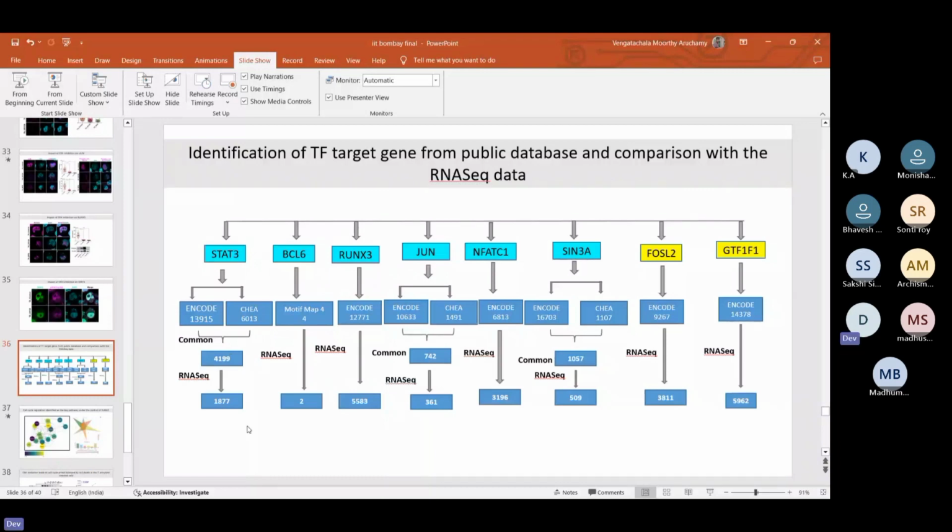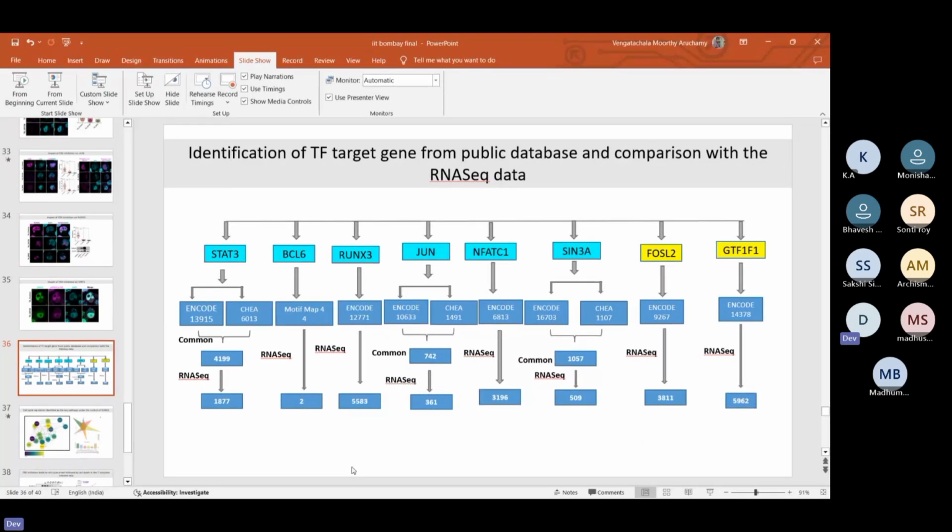We found that around 1877 genes are common between the RNA-seq and the predicted ENCODE data. We did this for all the transcription factors. Then we added one more layer, whether the genes are downregulated or not. We took 1.5 fold as a stringent criterion for downregulated genes, and performed GOBP analysis and KEGG analysis.